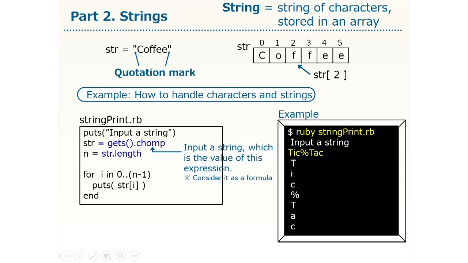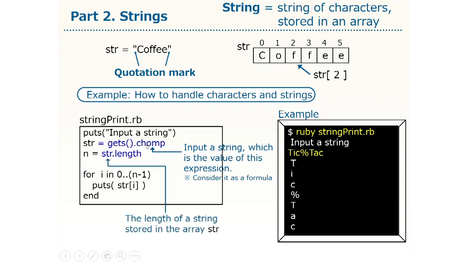Then, by this assignment statement, this value is stored in a variable or array str. In summary, by this statement, the computer obtains a string that the human types and stores it into the array str. Let me skip any further explanation in this lecture on this statement. So please consider, for example, this expression gets.chomp as a set expression or formula in this lecture.